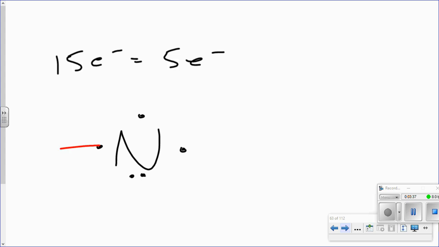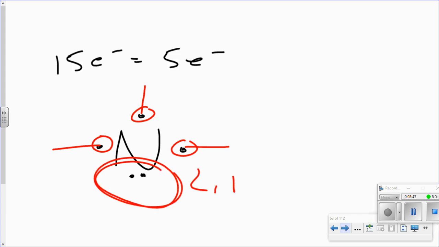You can form a bond here, here, or here. These are unpaired electrons. Electrons like to pair up, like in orbitals. This is called a lone pair. There's no bonding at lone pairs. So nitrogen, the way I've drawn it, has bonds on the left, top, and right.